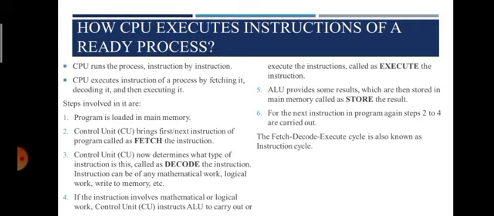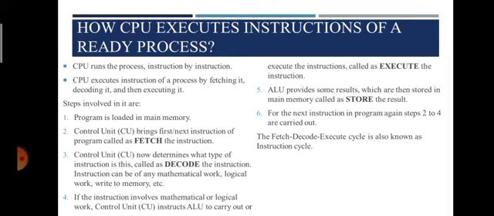Instruction can be of any mathematical work, logical work, write to memory, etc. If the instruction involves mathematical or logical work, control unit instructs ALU to carry out or execute the instructions, called as execute the instruction. ALU provides some results which are then stored in main memory, called as store the result. For the next instruction in program, again steps 2 to 4 are carried out. The fetch, decode, execute cycle is known as instruction cycle.